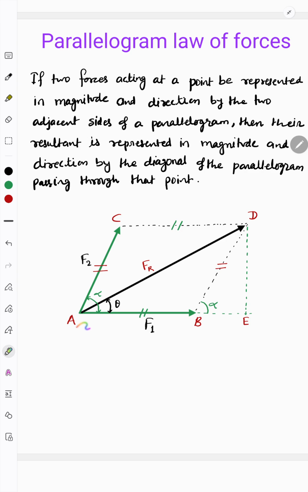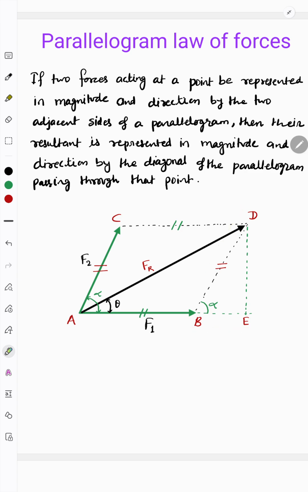So we extend the line AB further up to E, and we drop a perpendicular from point D that meets at point E. As lines AC and BD are parallel, whatever angle AC makes with AB, that is alpha, the same angle is made between BE and BD.